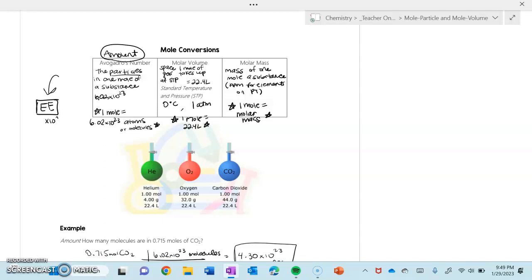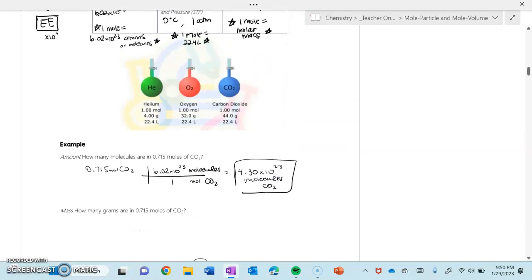And that varies. So notice the two we introduced today are fixed. They will always be constant, that a mole is always 6.02 times 10 to the 23rd power atoms or molecules, and it's always 22.4 liters of a gas at standard temperature and pressure. However, last week we saw molar mass changes because each element has a different mass. So that's why it just says molar mass. It depends on what compound or element you are working with.